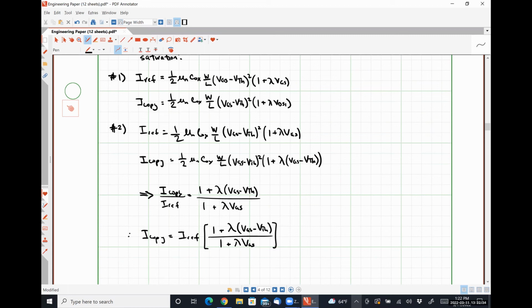So our error is simply 1 minus this term. Our percent error is that. Nothing particularly difficult about it, right?